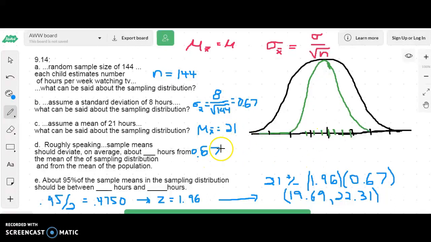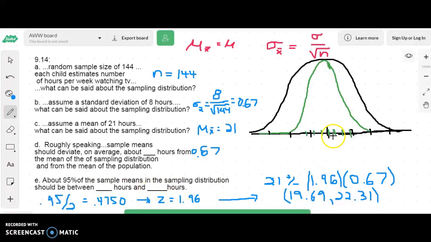That's what that means. And then the last question, which is a little foreshadowing for the rest of the course, is this. About 95% of the sample means in the sampling distribution, again, not of the whole population, but in the sampling distribution, should be between what number of hours and what number of hours?